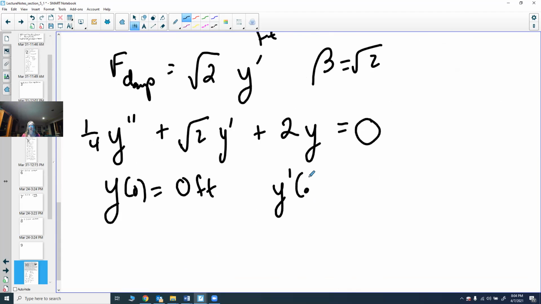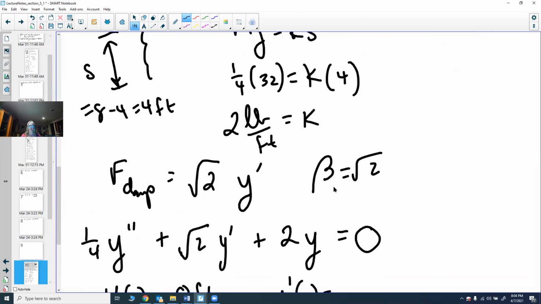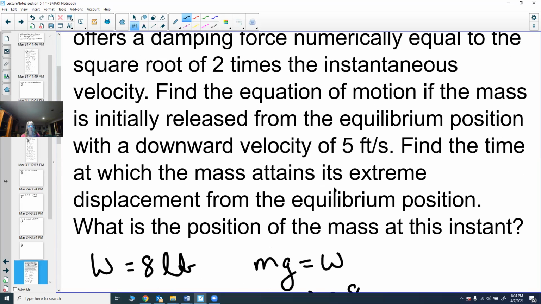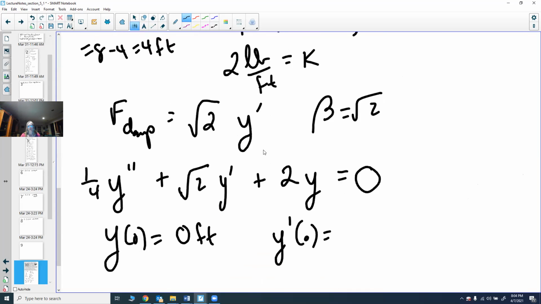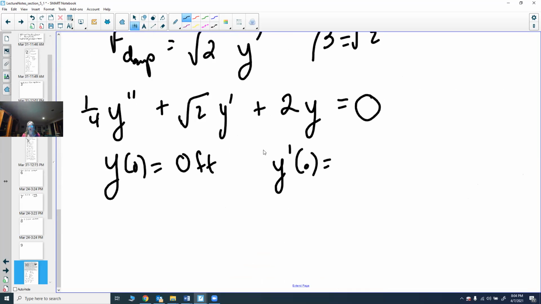We also need to find our initial velocity, because otherwise it won't go anywhere. Here we are told that we're released with a downward velocity of 5 feet per second. Remember, downward here is positive, so it's positive 5 feet per second. All right, so there's all of our information.